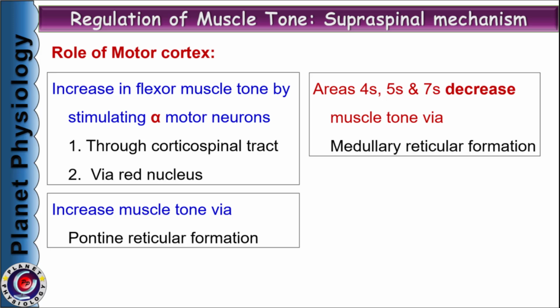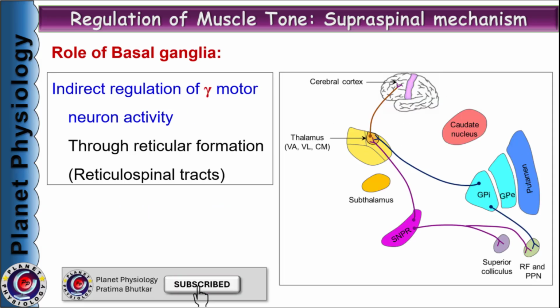Inhibitory areas of motor cortex like 4S, 5S and 7S stimulate medullary inhibitory area and decrease muscle tone, especially in the antagonist muscles. Basal ganglia alter the activity of gamma motor neurons indirectly via reticulospinal tracts and thus regulate muscle tone. So remember, basal ganglia has indirect control over the muscle tone.